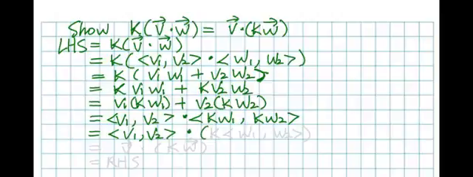We can pull out the factor k to get ⟨v1, v2⟩ · k⟨w1, w2⟩. That is the same as vector v dot (k times vector w), which equals the right hand side.